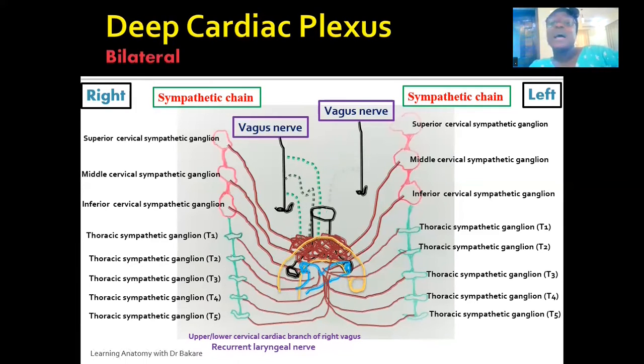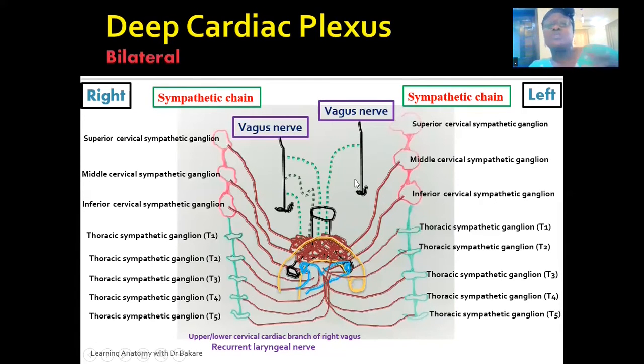On the left side, we have the upper cervical cardiac branch of the left vagus nerve. The inferior or the lower cervical cardiac branch of the left vagus nerve is not going to be forming a contribution to the deep cardiac plexus. Why? Because it's already used in the formation of the superficial cardiac plexus. This is what contributes to the parasympathetic component of the superficial cardiac plexus if we go through the previous slide.